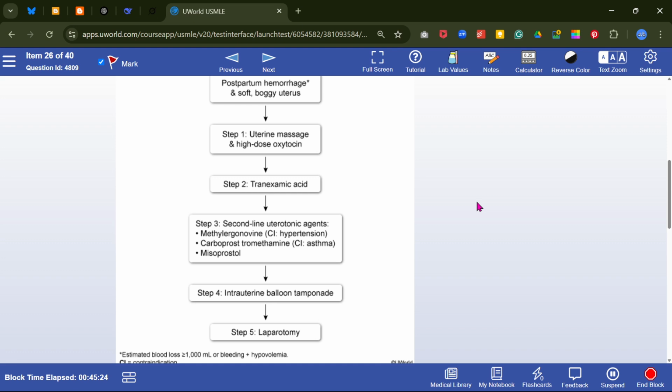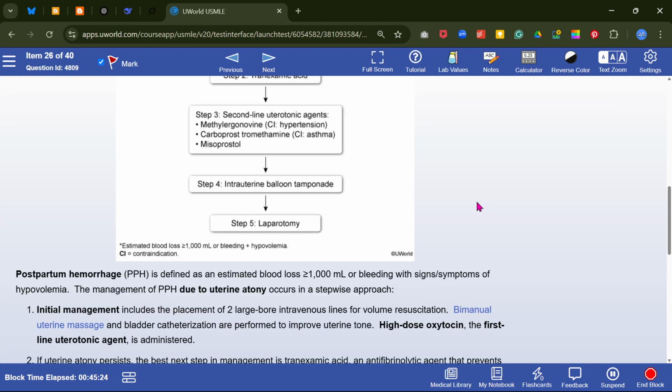Methylergonovine is contraindicated if there is hypertension. Carboprost is contraindicated in asthma, and misoprostol can be given. Then intrauterine balloon tamponade, and finally laparotomy. PPH is estimated blood loss more than 1000 ml or bleeding with hypovolemia.